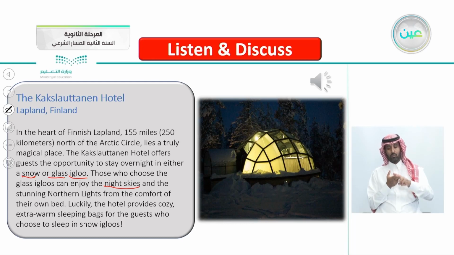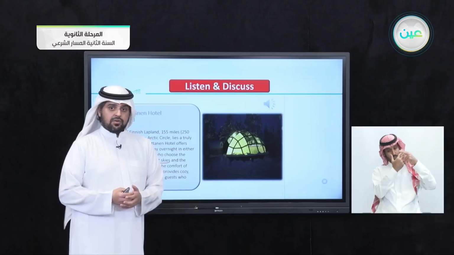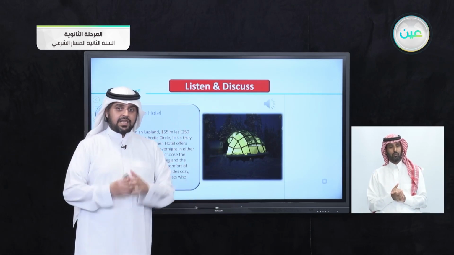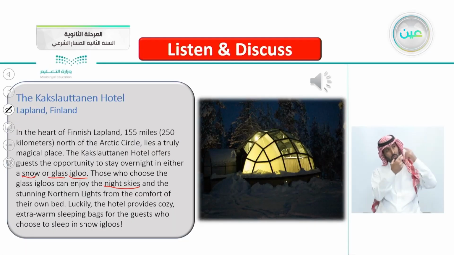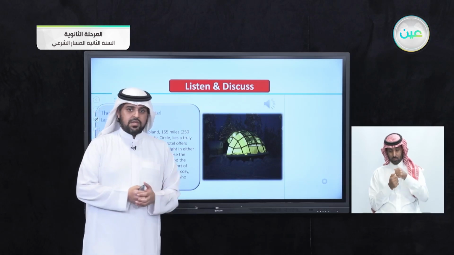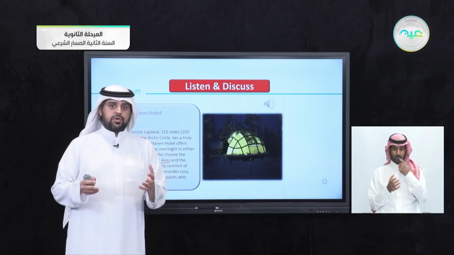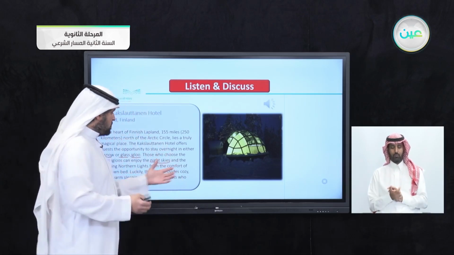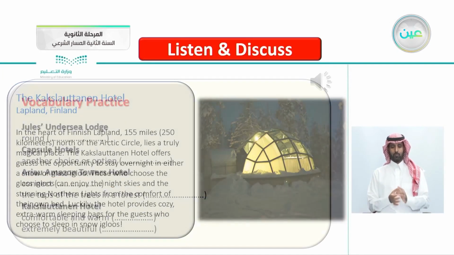When you're in bed, because the glass is transparent, you can see the sky and the stars at night. Luckily, the hotel provides cozy, extra warm sleeping bags to the guests who prefer the snow igloos. If you're afraid of the cold, don't worry. They will provide some blankets and some cozy sleeping bags.